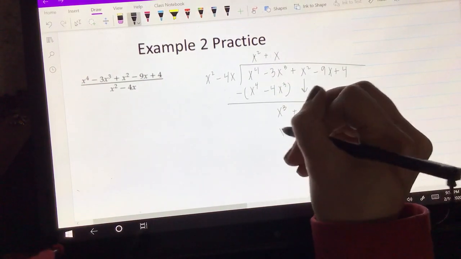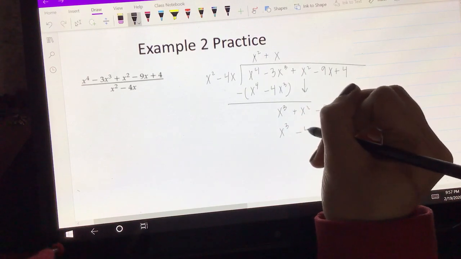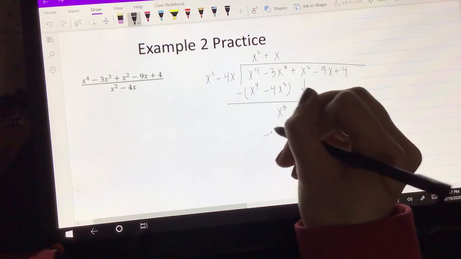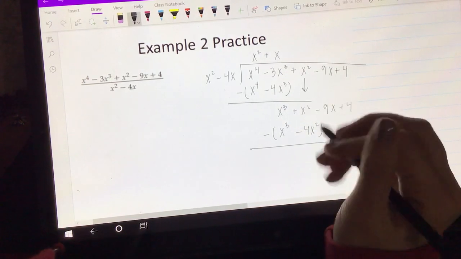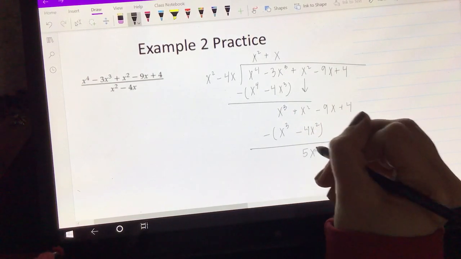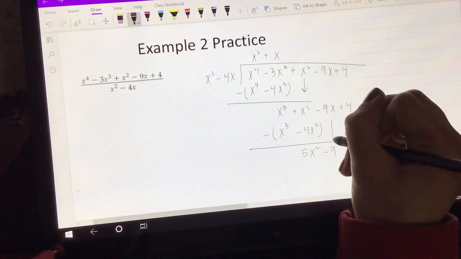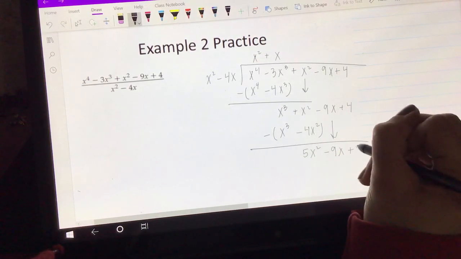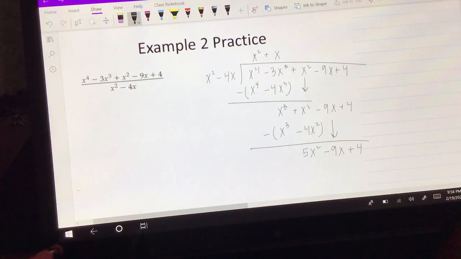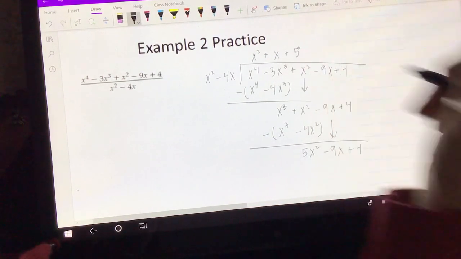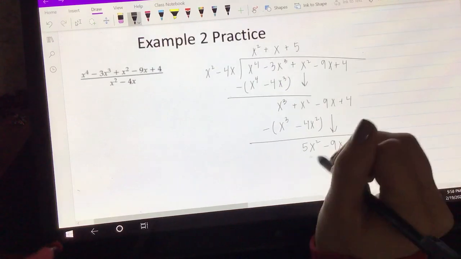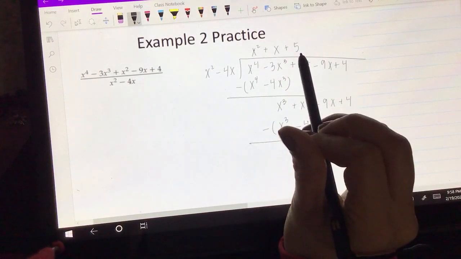Multiply. Subtract. Bring down. Divide again. 5x squared divided by x squared gives me 5.